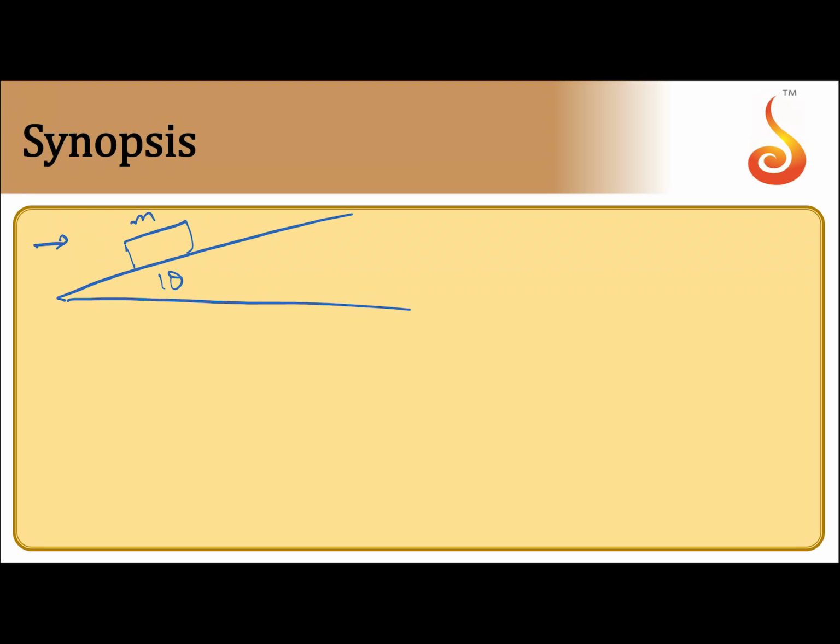So it is pulled such that velocity is constant. Then the power spent is equal to mg sin theta into v. Remember, this is a smooth one.